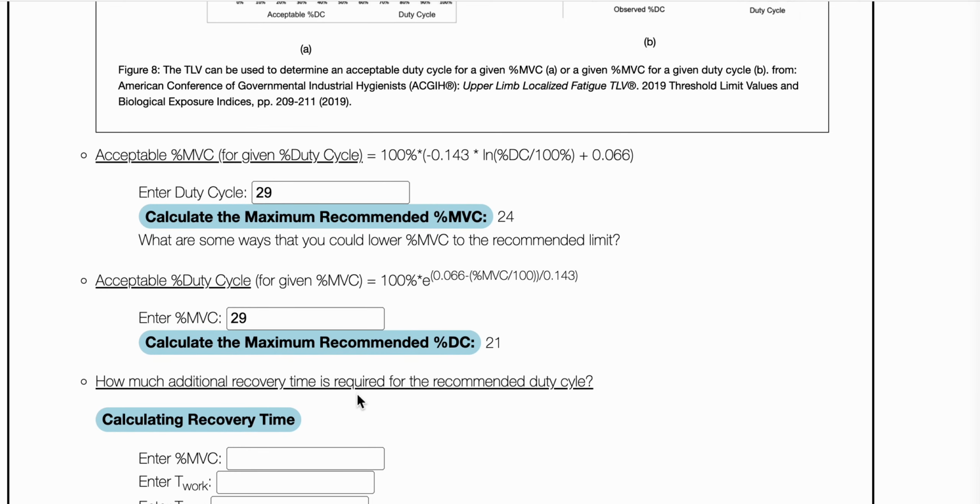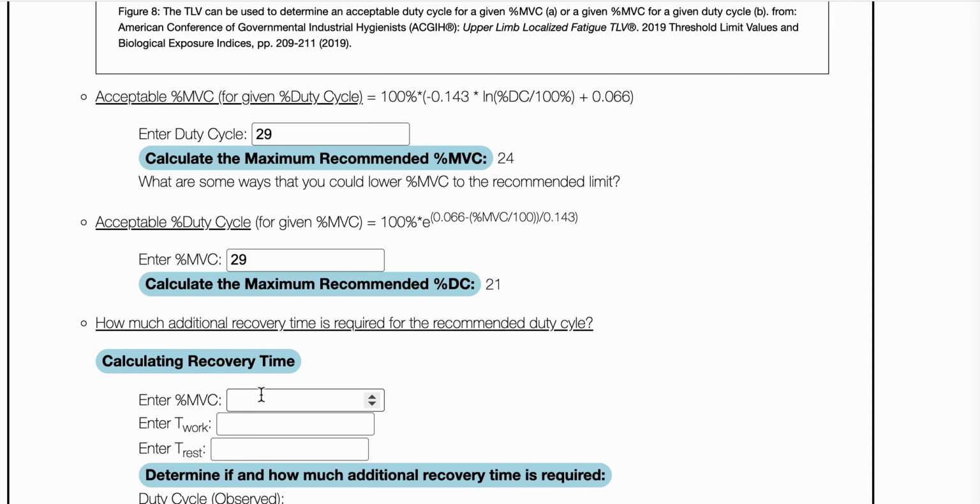Now we can go a step further with this, and it actually will help us calculate how much additional recovery time would be required to prevent fatigue or to keep us within those limits. So the percent MVC again was 29%. I'll enter that. The work time was 7.4, and the rest time between those periods of exertion was 18.3.